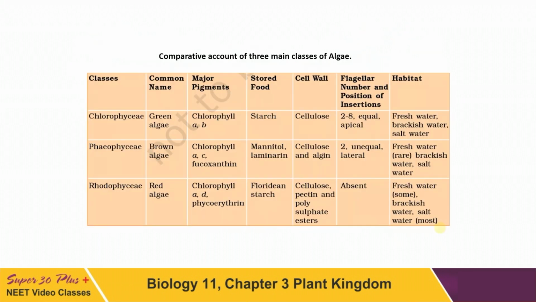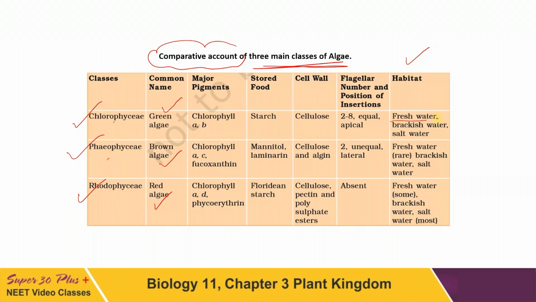Now we have to compare the three main classes of algae, a comparative account. What we have done so far can come to this. The three main classes are Chlorophyceae, Phaeophyceae, and Rhodophyceae. The common names: green algae, Phaeophyceae is brown algae, and Rhodophyceae is red algae. Can you tell me the habitat where these are found?